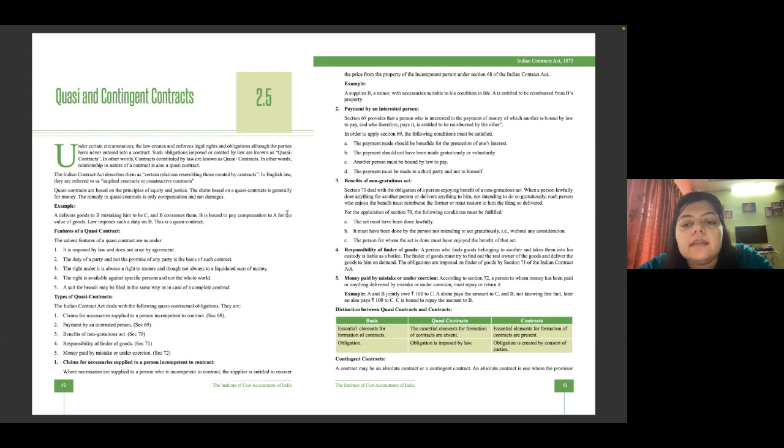On the other hand, what we mean by a contingent contract is something which is based on the happening of a certain event, which may or may not take place. So, an absolute contract is basically when there is no qualification as such. I will sell you the book, you will pay me 100 rupees.